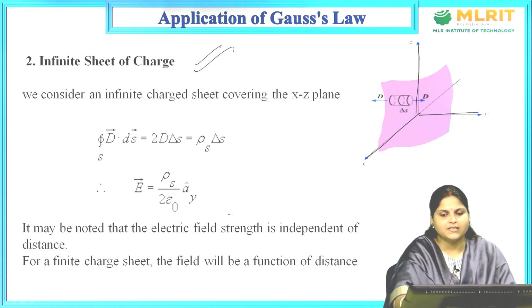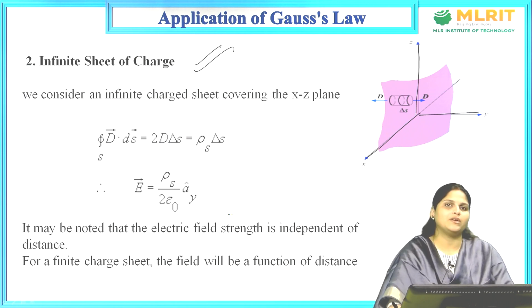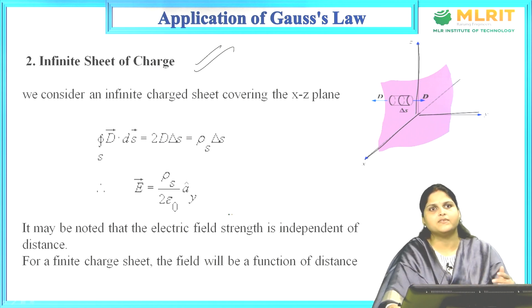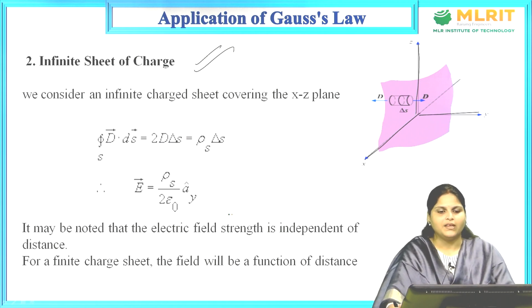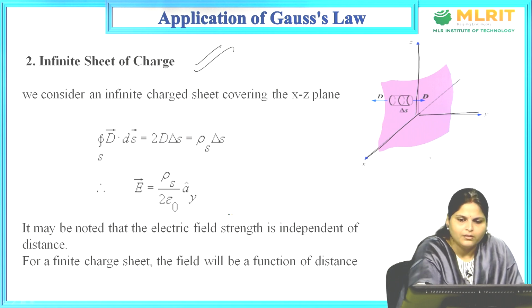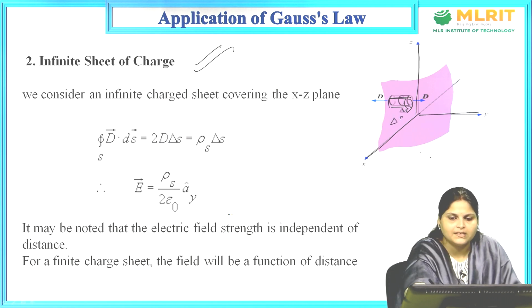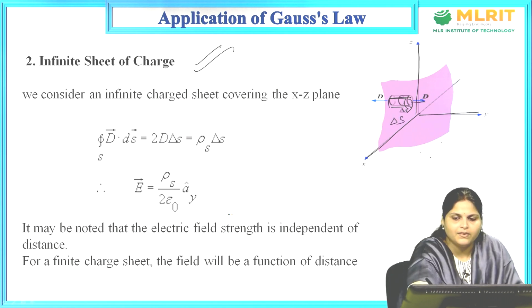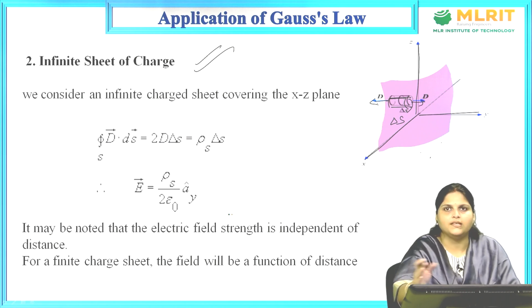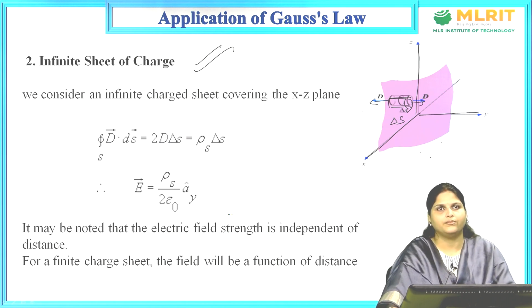This is the infinite sheet of charge, so it extends in the X direction, positive and negative, and the Y direction, positive side and negative side. Here we have taken one differential area element, given as del S, and this is the flux density D, which is outward in both directions.